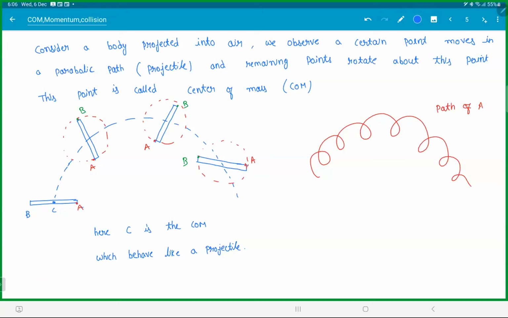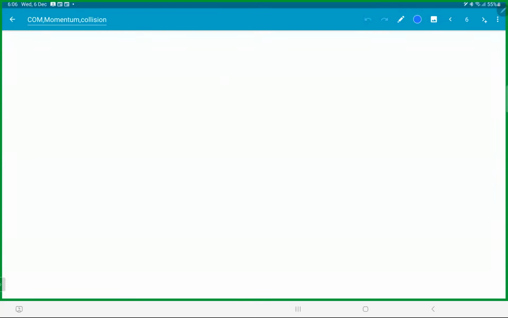So I taught you only one thing: the center of mass will go in a parabolic path and everything else will rotate about it. So let's say we have a rod. This is the origin. This is point A, which is L by 2, comma 0. And this is point B, which is minus L by 2, comma 0.